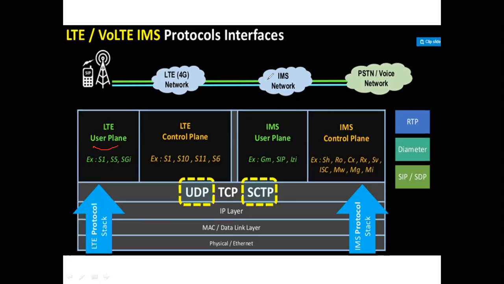And one more from the IMS side, the IMS user plane includes Gm, SIP, and Rx, sorry, Gx, and for the IMS control plane, they have different interfaces: HSS, Ro, Cx, Rx, Sv, ISC, Mw, Mg, or Mi. This is the control plane.